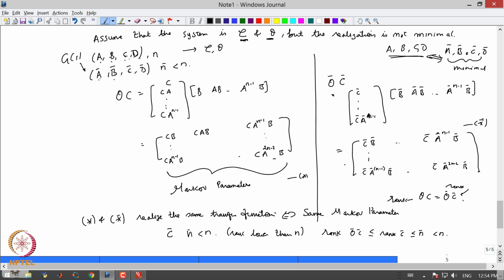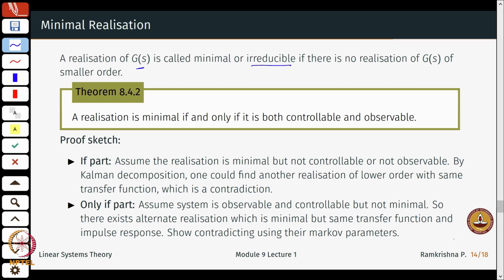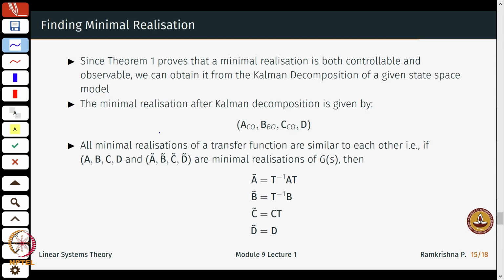Therefore, the assumption of another minimal realization is not true, and we conclude from both ways that a realization is minimal if and only if it is both controllable and observable.